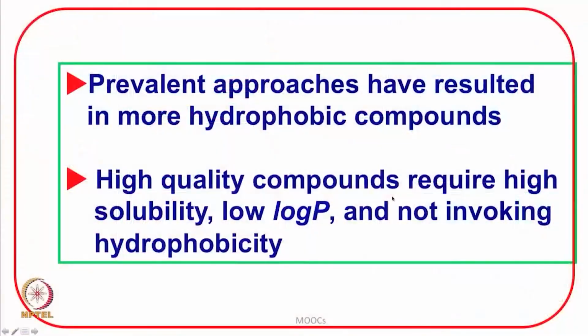Now, let us take a look at the next comment. High quality compounds require high solubility, low log P and not invoking hydrophobicity. Now, this information is based upon the literature information.